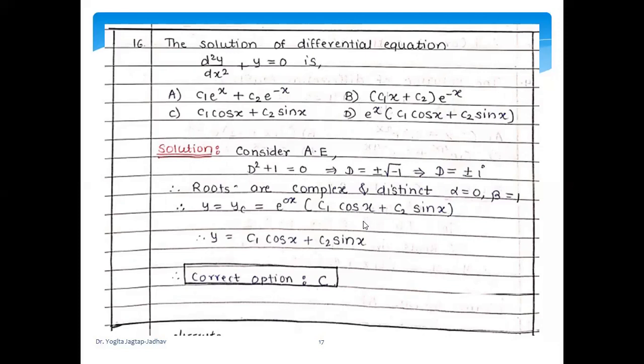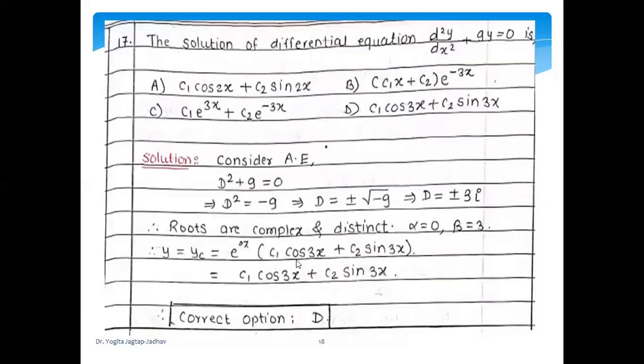We know that yc is equal to e raised to alpha x (c1 cos of beta x plus c2 sin of beta x). By using the value of alpha equal to 0 and beta equal to 1, we obtain the general solution as e raised to 0x (c1 cos x plus c2 sin x). Here e raised to 0x is 1. Therefore, y equal to c1 cos x plus c2 sin x. That is C option is correct.